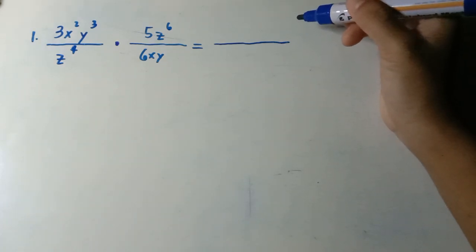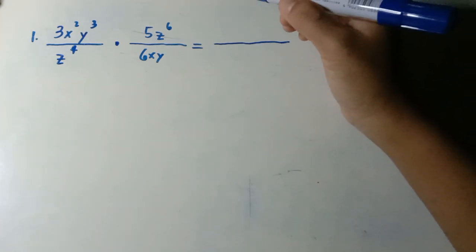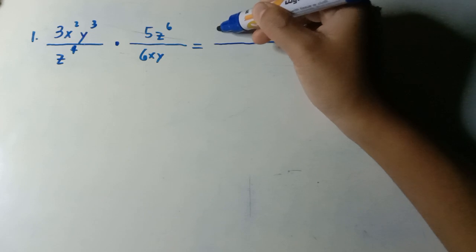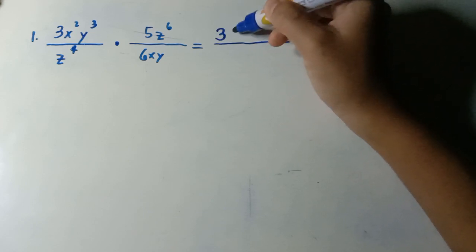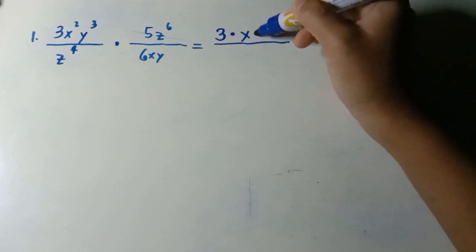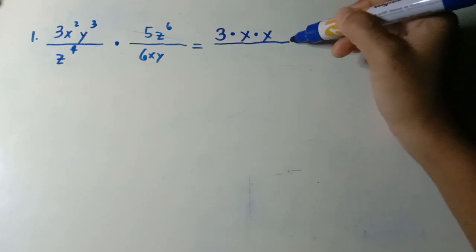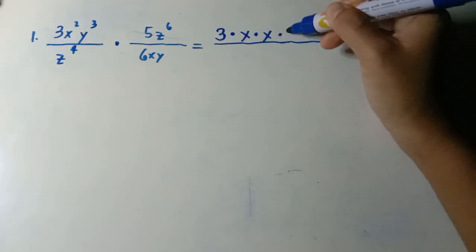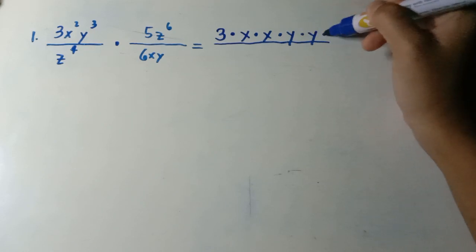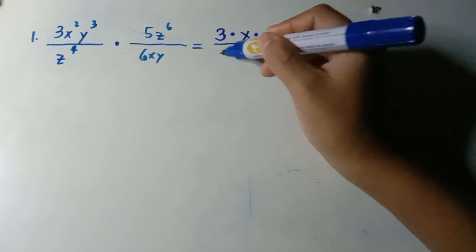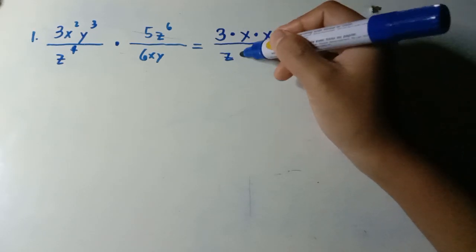So ang atong buhaton is ato ang bungkagon ni siya. 3, wala na may factor si 3, so still 3. Dayon x squared, meaning we have 2x. Sunod, y cubed means 3y. Then z to the power of 4 means 4z.